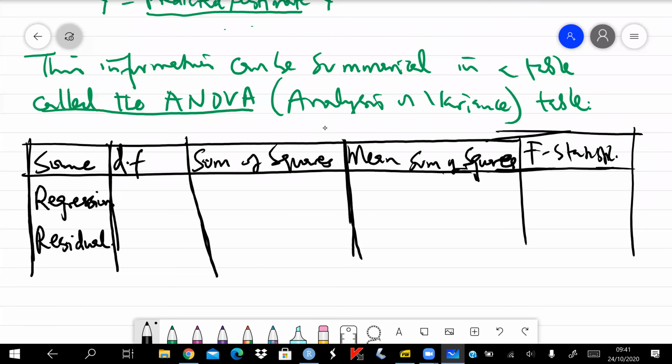Sometimes we have 6 columns, where the last column captures the p-values. But for now, we don't need them. We can compute them later. So the first column is the source. In other words, what is the source of the variation that we are talking about?